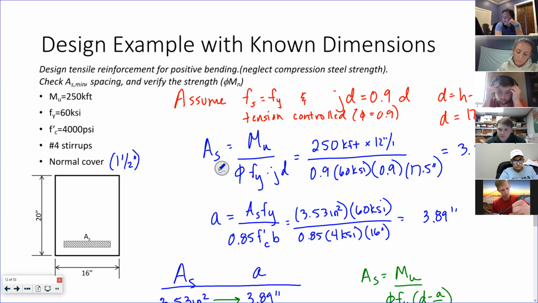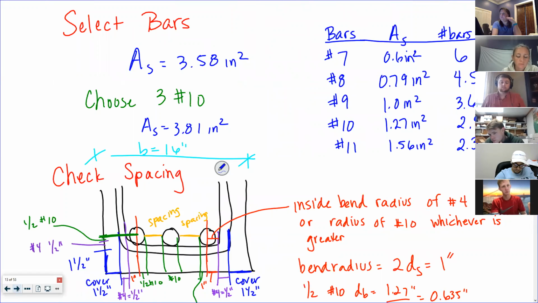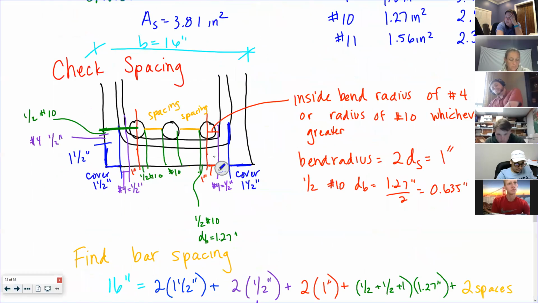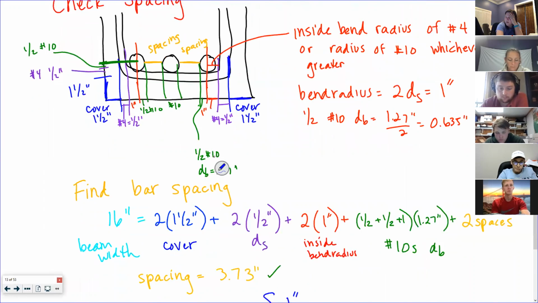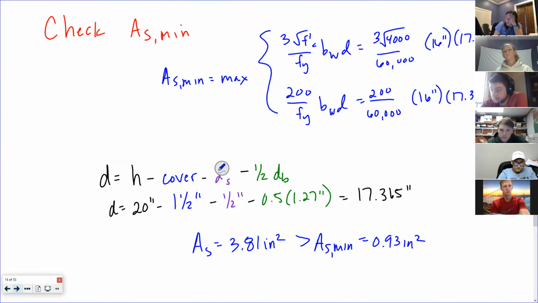We used that to calculate its associated stress block. Use these equations to converge on an area of steel. This one converged really quickly. Use that to select bars. We're like, let's do 3 number 10s. Checked our spacing to make sure we met minimum spacing requirements, which we did. Checked AS min, and we're good.